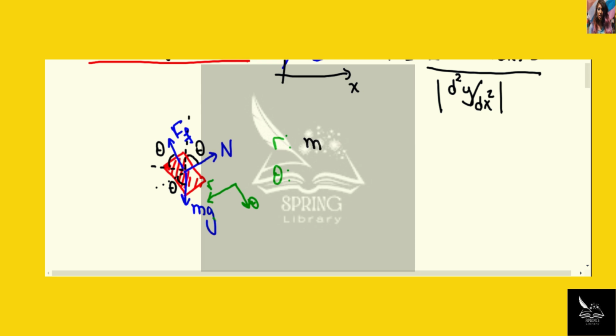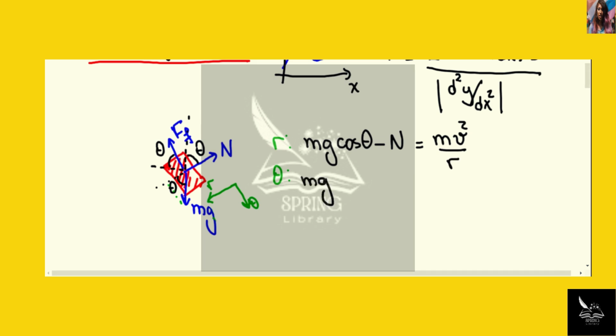So along the r direction, we have mg times the, I'm sorry, actually the cosine of theta, minus the normal, and this is equal to m times the centripetal acceleration, which, as I said before, is v squared over r.